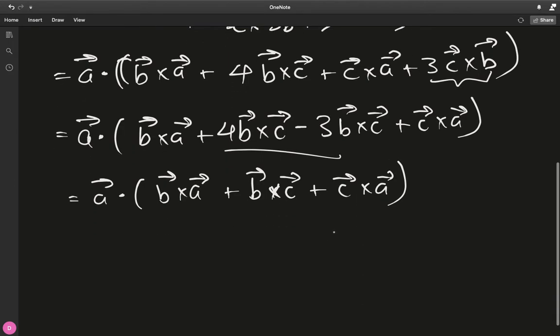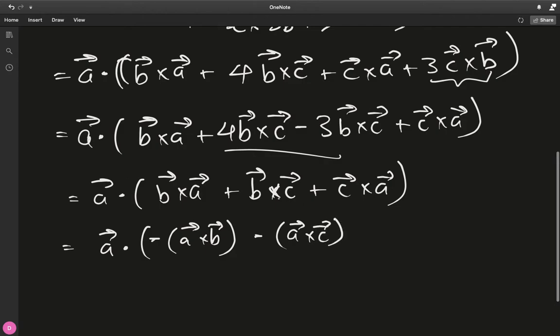Okay, fair enough. Now what I'm going to do is just rearrange these terms. So I have negative, flipping the order of this, a vector cross b vector, then again doing the same with this, negative a vector cross c vector, and then keep this as it is, b vector cross c vector.